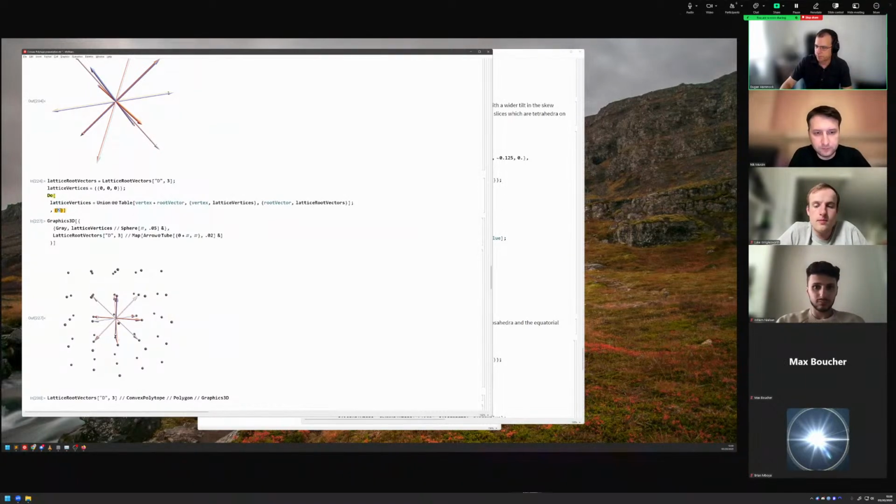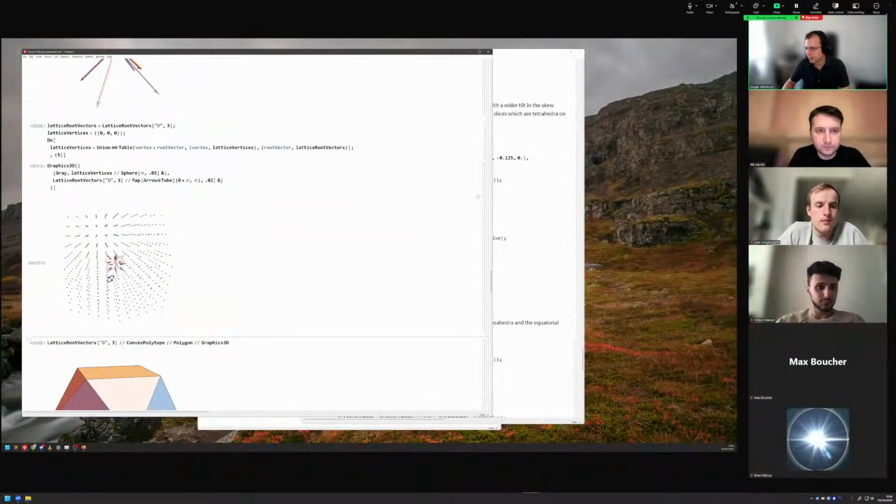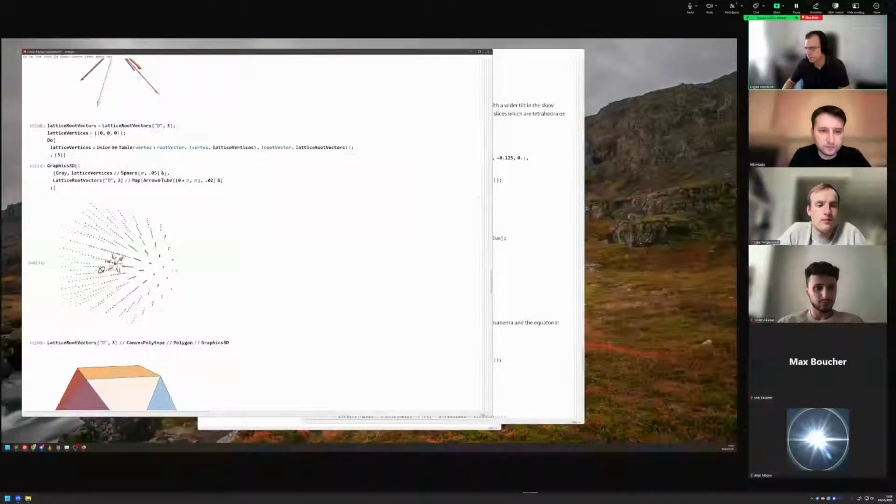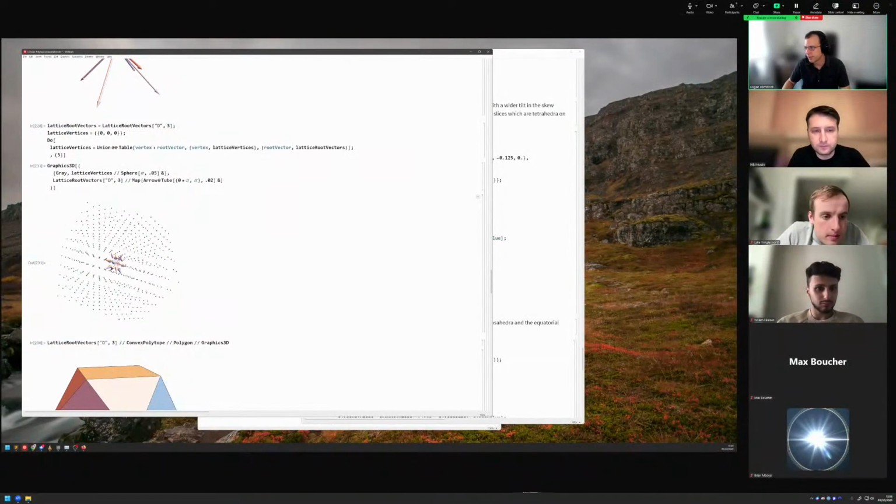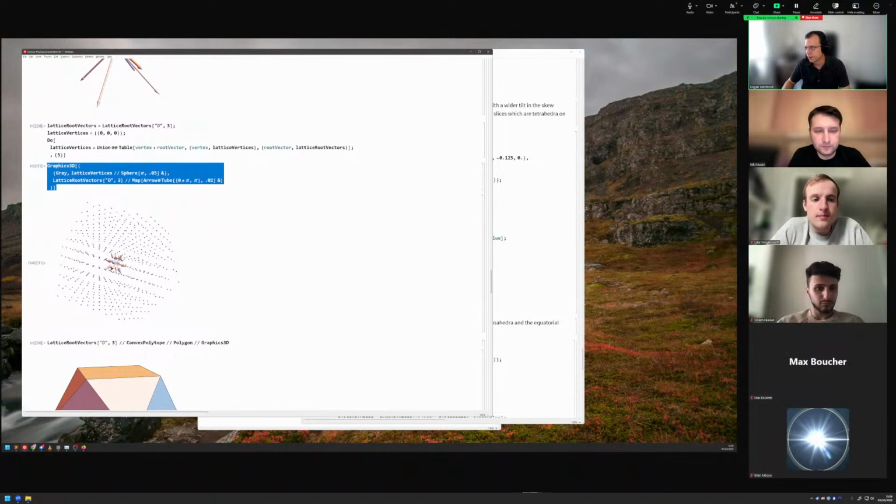If I did this a lot, you get a point cloud with a bunch of directions in it that are pretty cool.